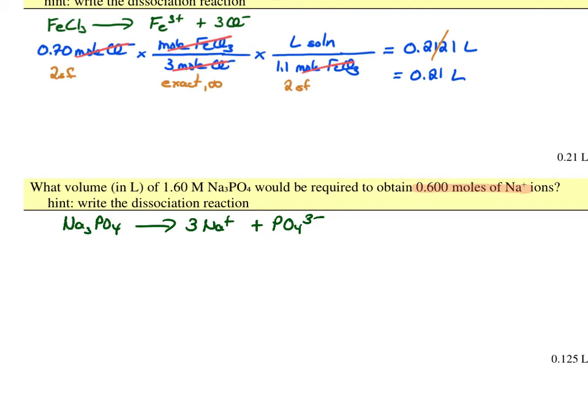So we're targeting 0.600 moles of sodium ions. Our dissociation reaction tells us that we get 3 moles of sodium ion for every mole of our solute.